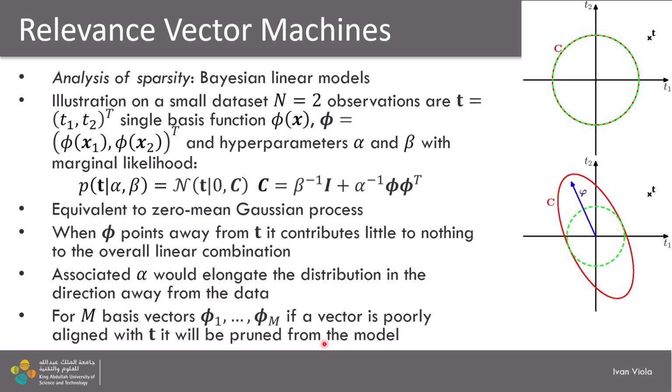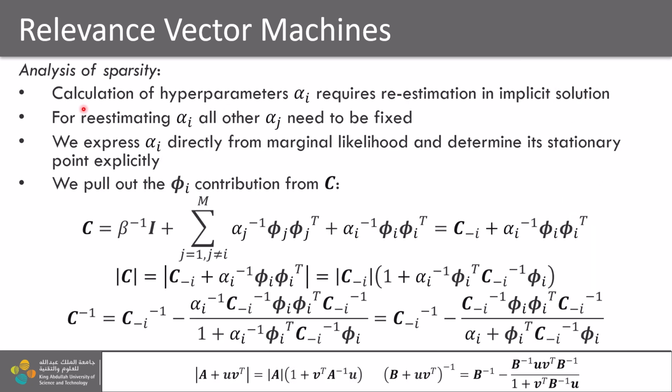And now let's have a look how this can be pruned from the model. We will now present a framework for how we can calculate the alphas in order to find out whether a certain feature vector or basis function should be included in the model or not.